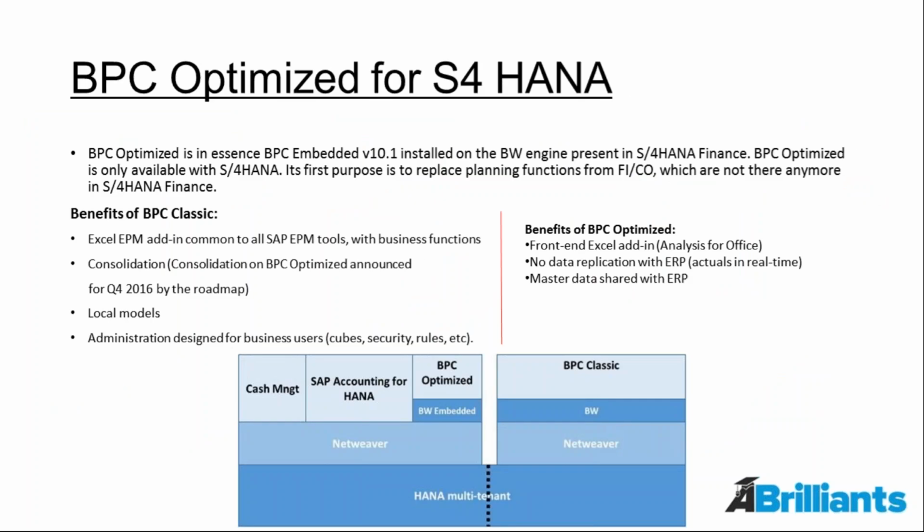There is one more terminology related to BPC in the market, which is called BPC optimized for S/4HANA. We have a small table which tries to display the difference between BPC Classic and BPC optimized.